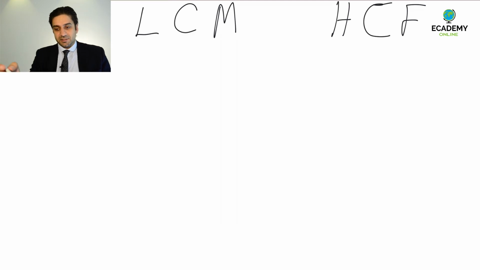Let's say I start off with 2 separate numbers, and I want to find the prime factor decomposition of these 2 separate numbers. Let's say I start off with 36 and 62.